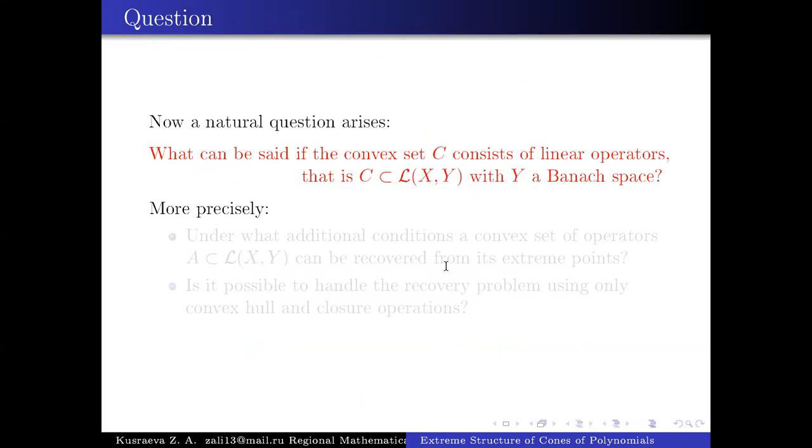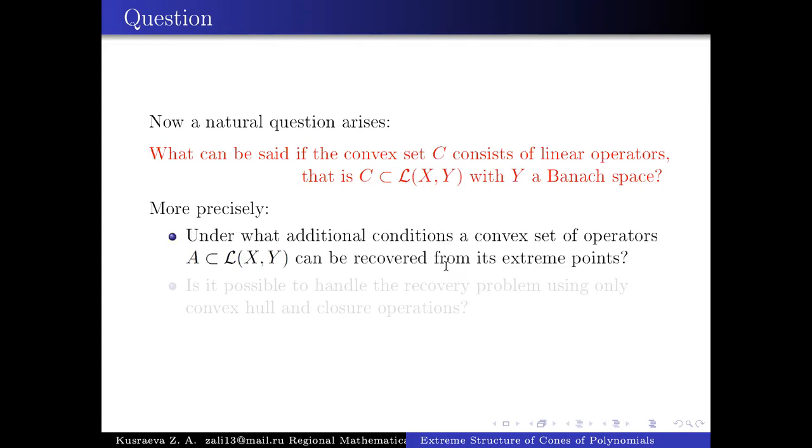And a natural question arises: what can be said if the convex set C consists of linear operators acting into Banach spaces? More precisely, this question means the following two ideas.